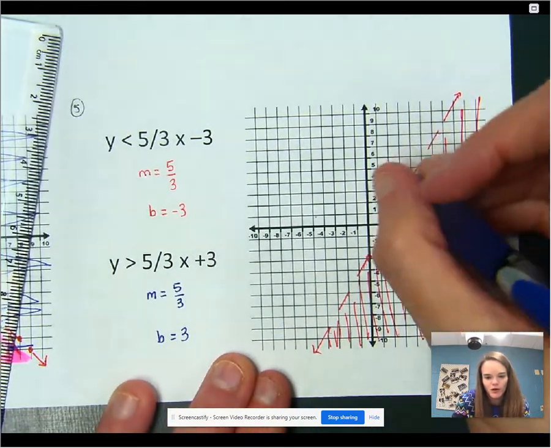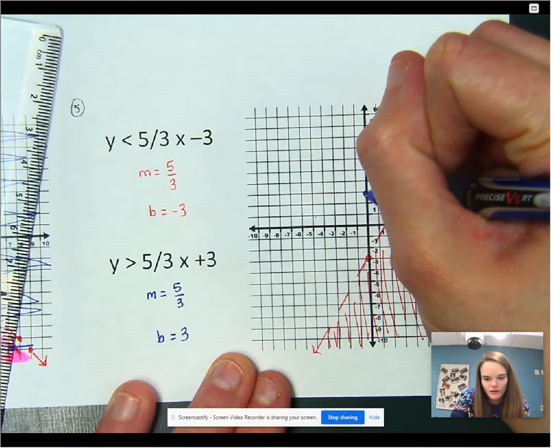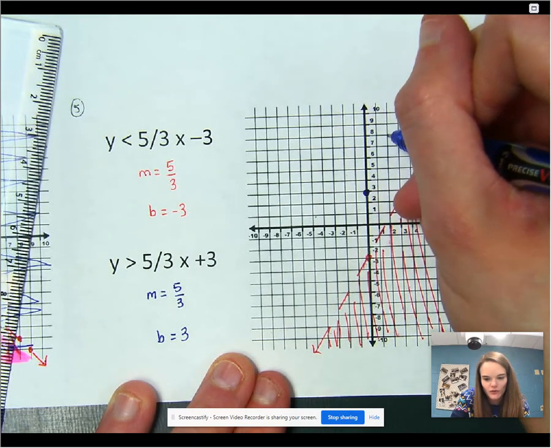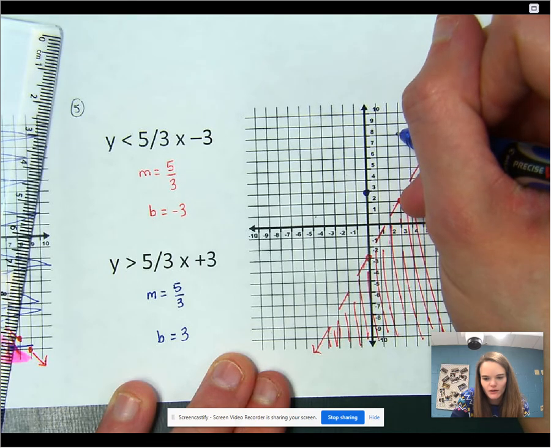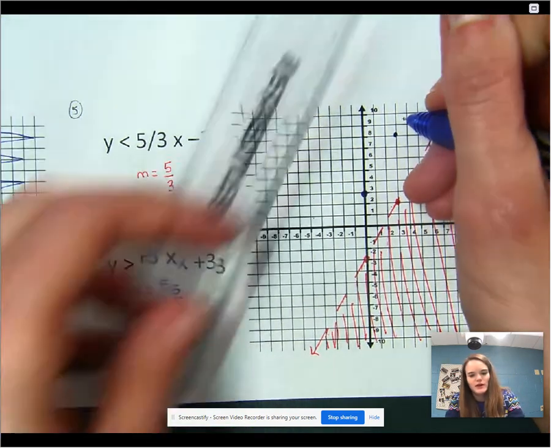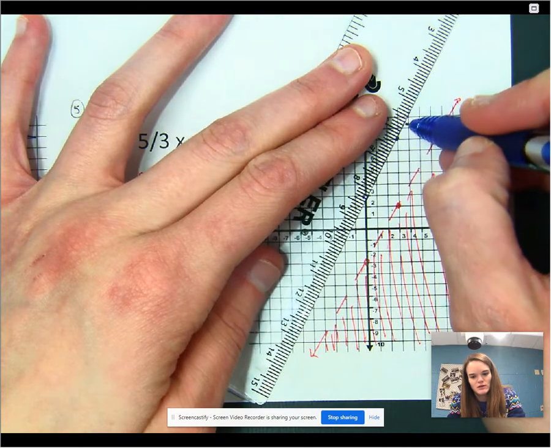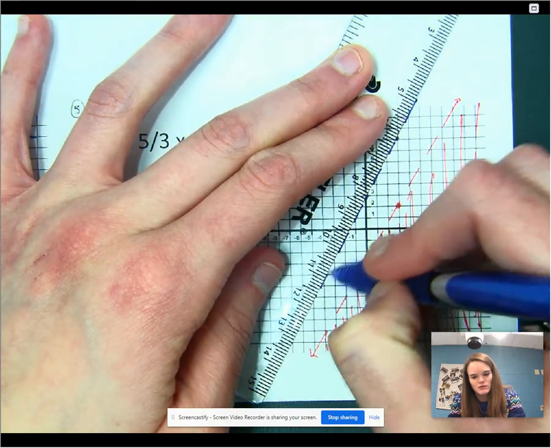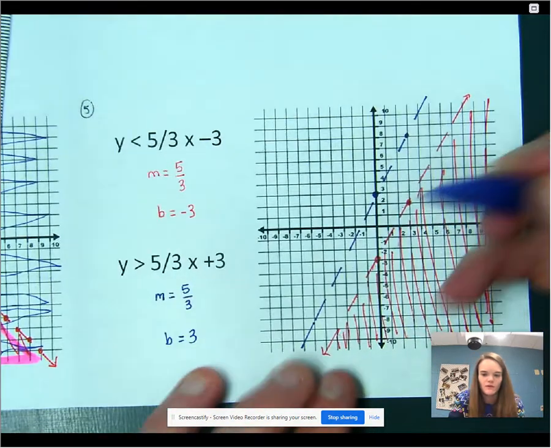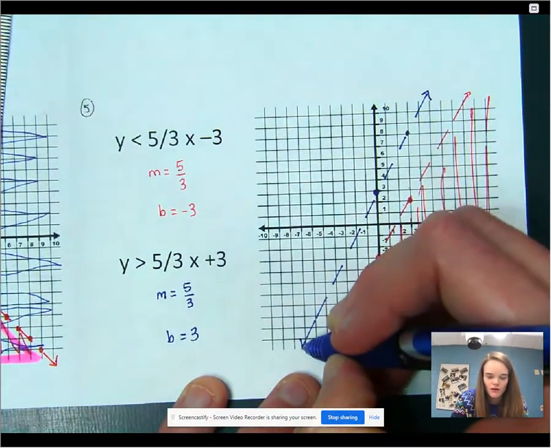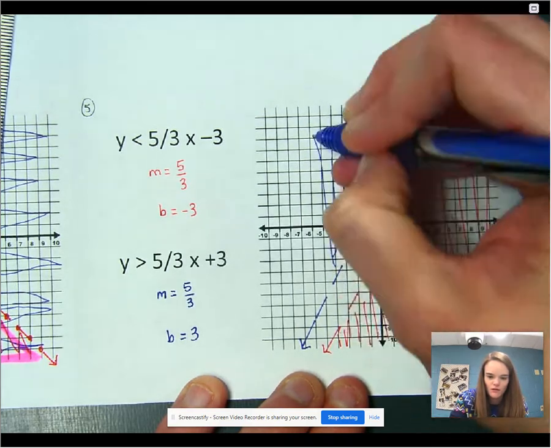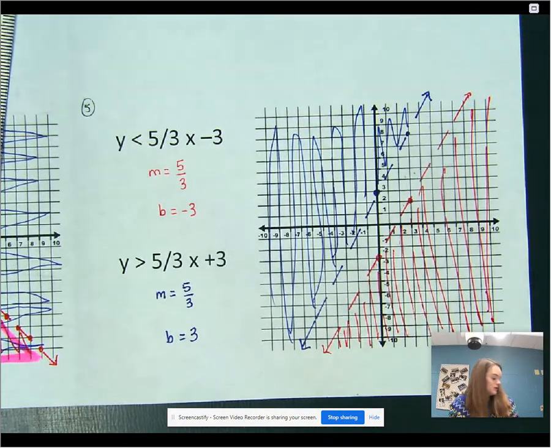Go to 3, go up 1, 2, 3, 4, 5, and over 1, 2, 3. It is dashed. It is above. So this one is also no solution. They do not cross.